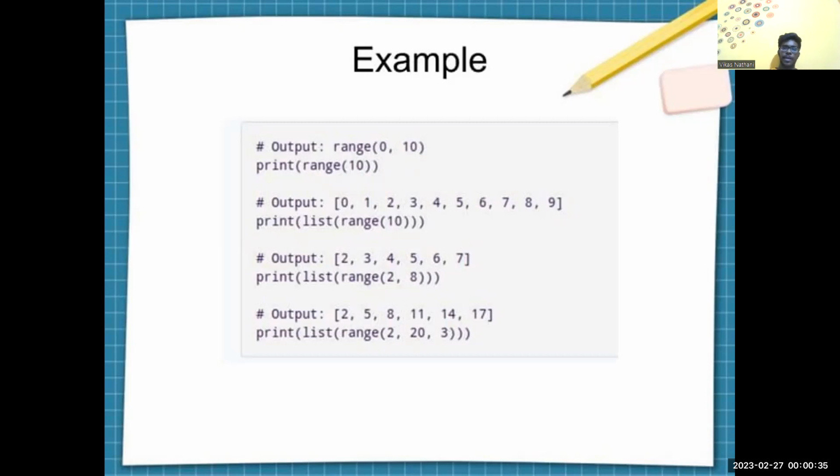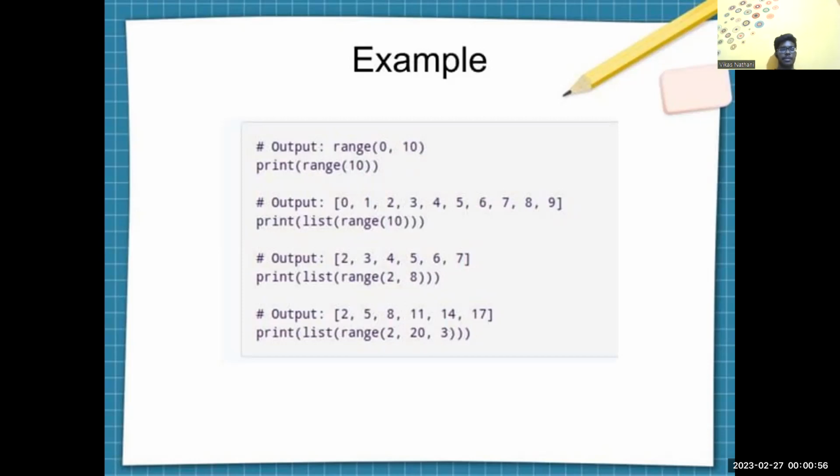The output will be in list format because we printed it as a list: 2, 3, 4, 5, 6, 7. Not 8, because the 8 value is not included.